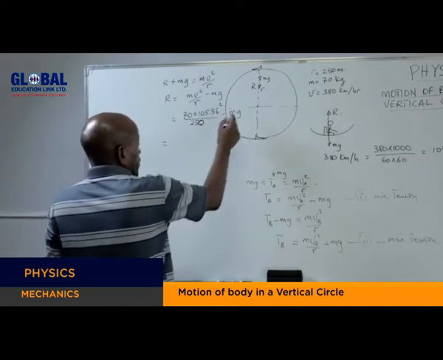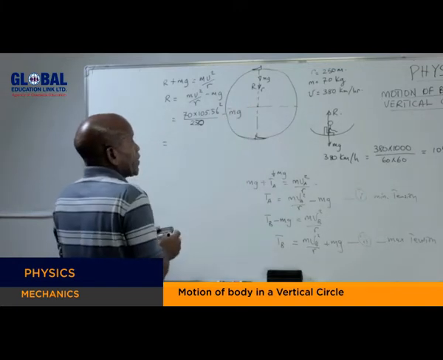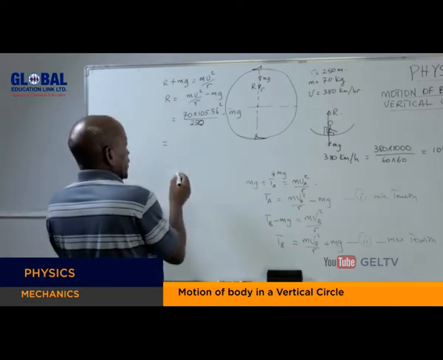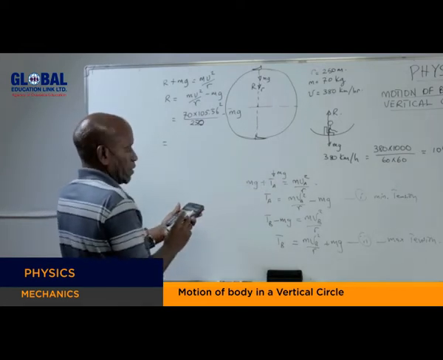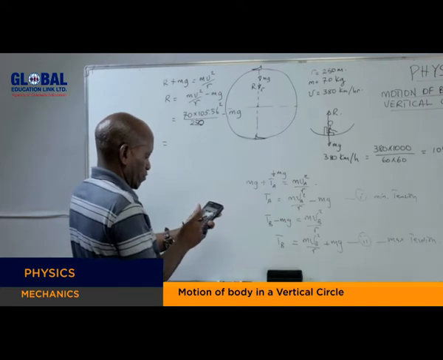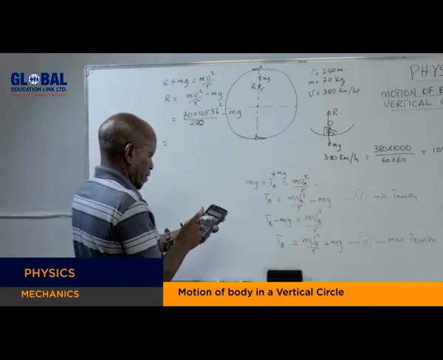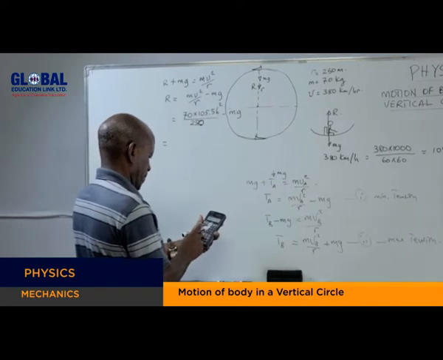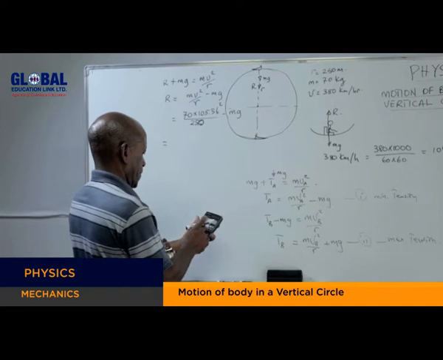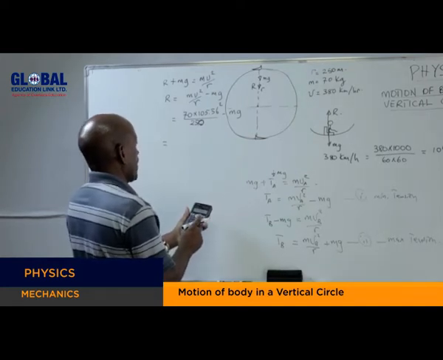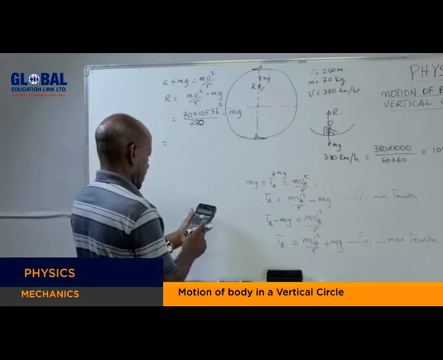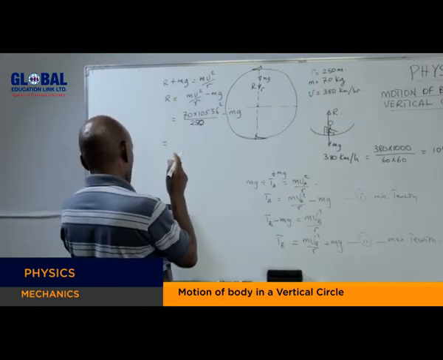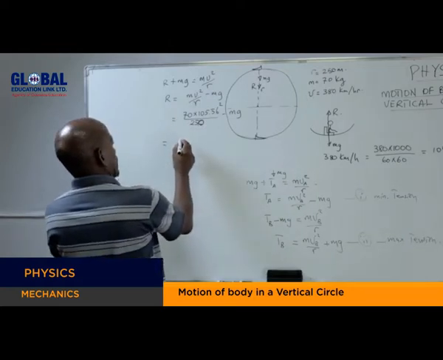So we can compute and take the difference. And the mg there is the weight of the person, which is 70 times 9.8. So we can compute this comfortably.